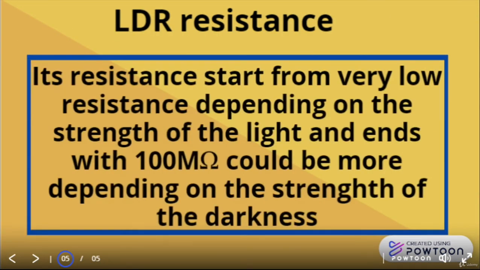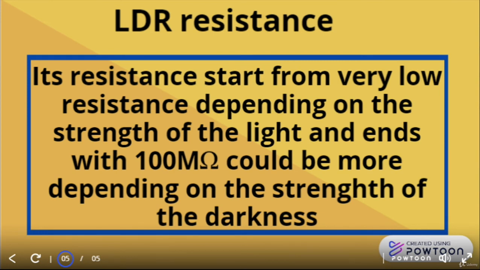LDR resistance. Its resistance starts from very low, depending on the strength of the light, and ends at 100 mega ohm. It could be more, depending on the strength of the darkness. So when there is very strong light, the resistance of the LDR will be very low.